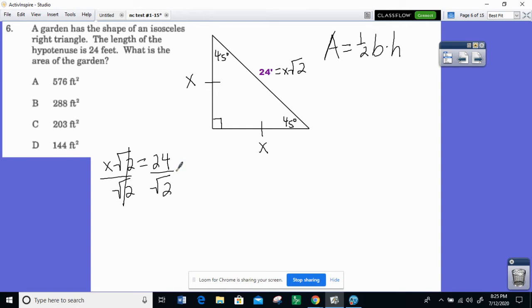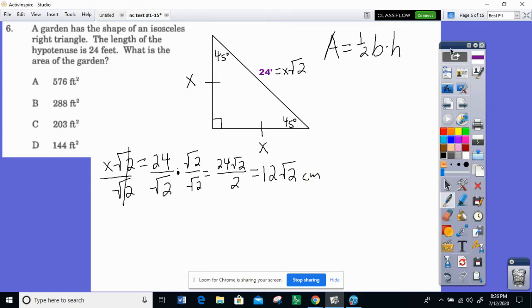So let's get what that is as a reduced radical. So we want to multiply the top and bottom times the square root of 2. So that's 24 times the square root of 2. The square root of 2 times the square root of 2 is 2. So 24 divided by 2 gives us 12 times the square root of 2 feet.